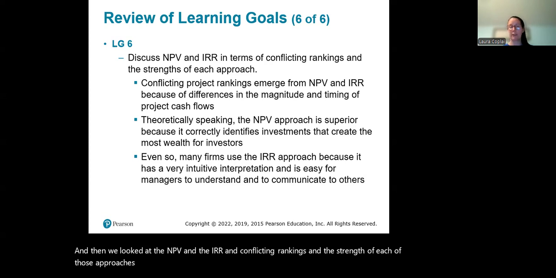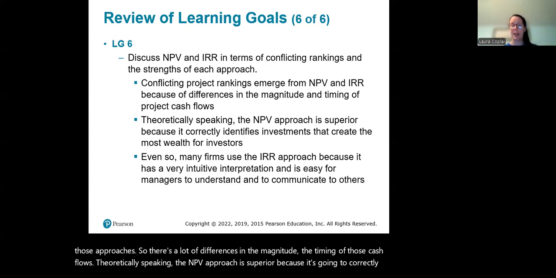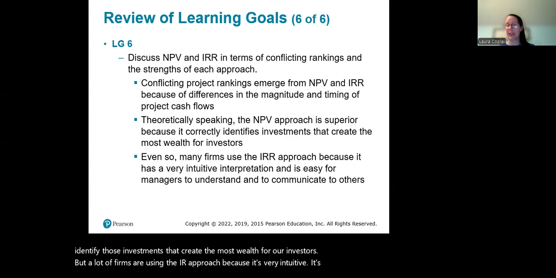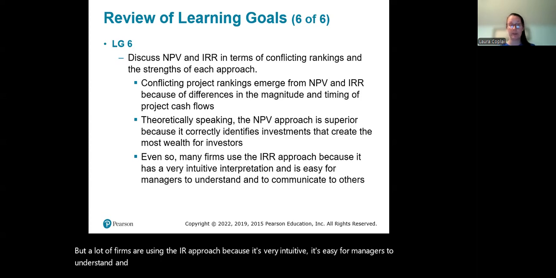So there are a lot of differences in the magnitude and timing of those cash flows. Theoretically speaking, the NPV approach is superior because it's going to correctly identify those investments that create the most wealth for our investors. But a lot of firms are using the IRR approach because it's very intuitive, it's easy for managers to understand and communicate to others.